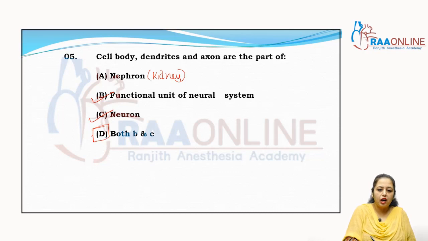Yes, we can. So the answer is D. Clear? Both these options are correct and both are the same. So the answer is D, that is both B and C.